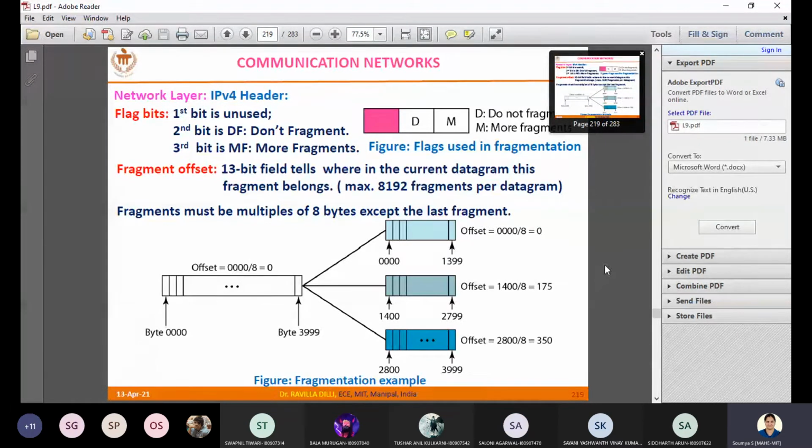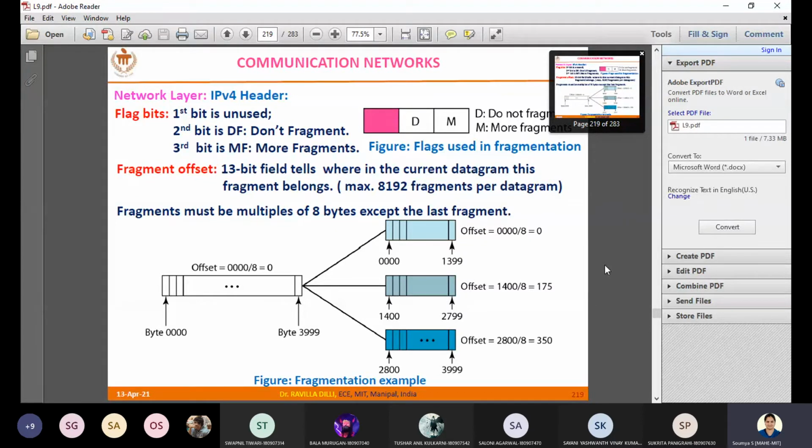Now the fragment offset is a 13-bit field, which tells where exactly in the current datagram this particular fragment belongs. It's something like you have a big sheet of paper and you tear it down, and now you're trying to put the pieces back in the same place.